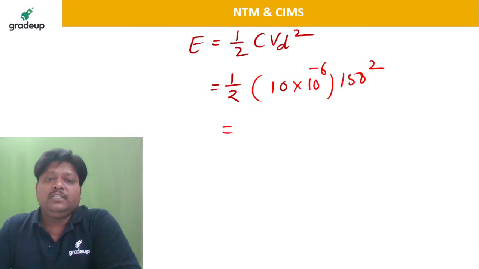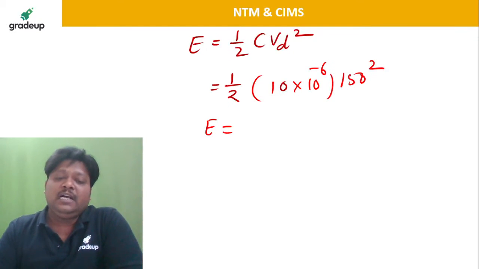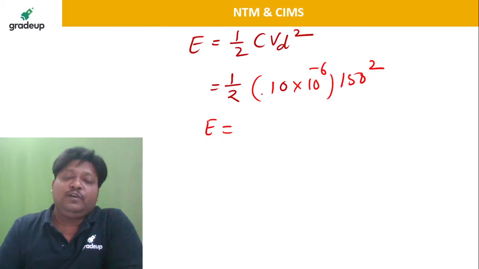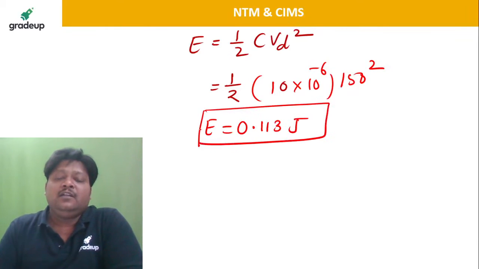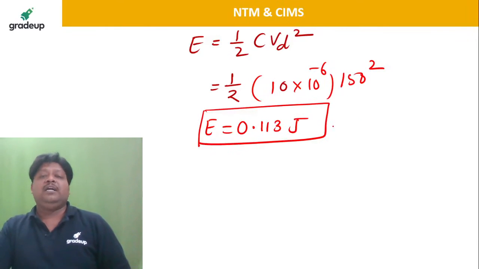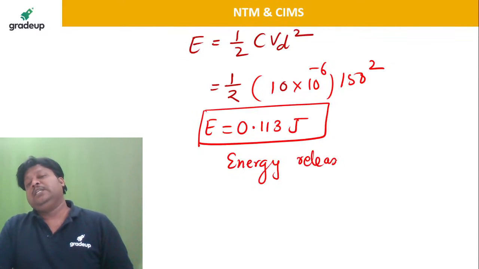So tell me how much energy? 10 into 10 to the power minus 6 into 150 square divided by 2. It is 0.1125, or rounded to 0.113 joules. This is the energy released per spark.